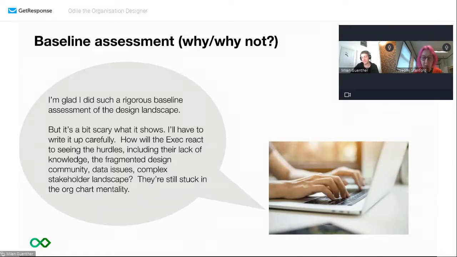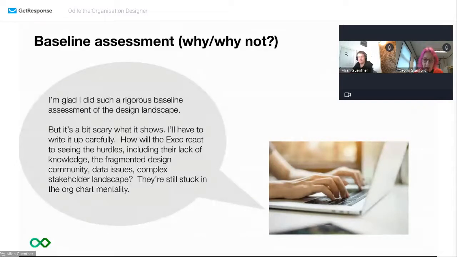So if she said in her report, we need to be more collaborative, somebody is going to say, but I own that space. So it's a really, really sensitive issue of how you are going to present information when you've done an assessment, to show a landscape in a way that is going to evoke curiosity. And Milan was saying, is a report the best way? So that's a question mark for us to think about.